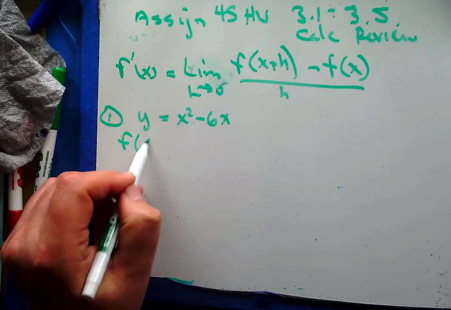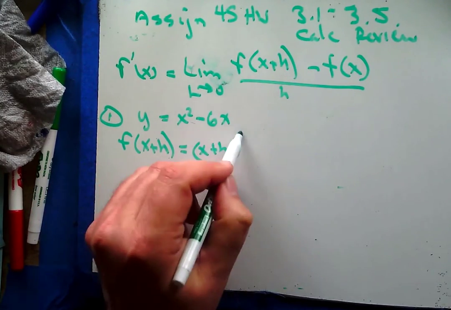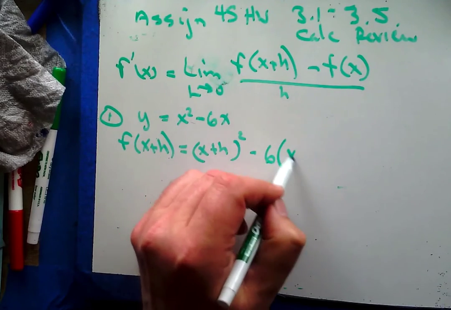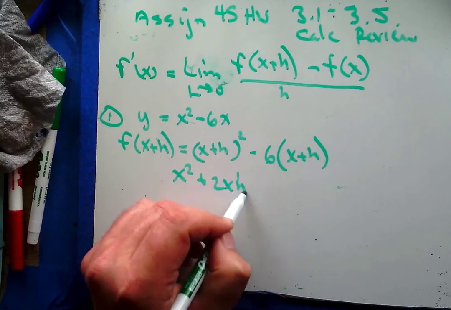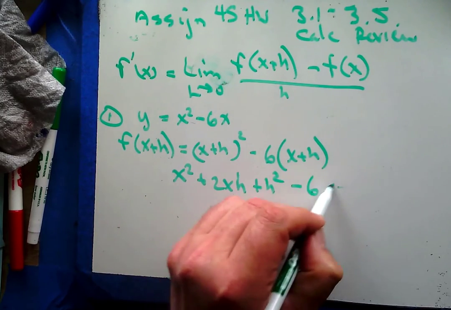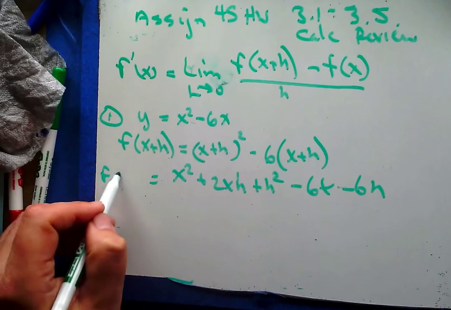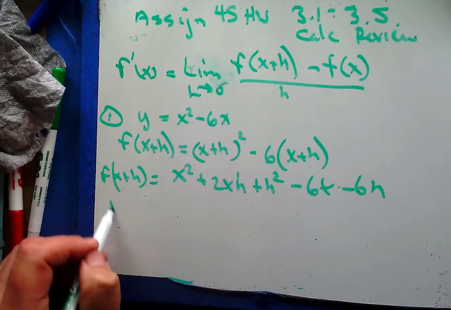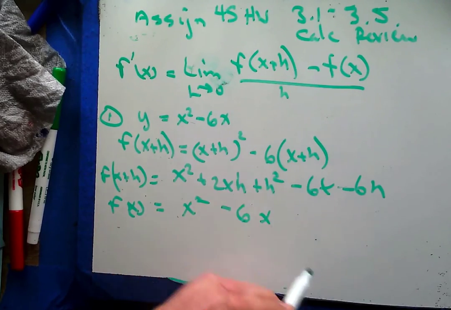So f of x plus h will be x plus h squared minus 6 times x plus h, or x squared plus 2xh plus h squared minus 6x minus 6h. That's f of x plus h. We also need f of x, which is x squared minus 6x.